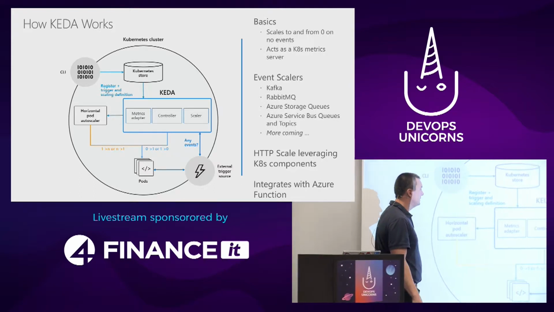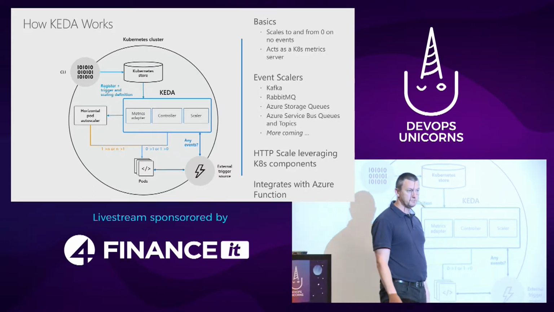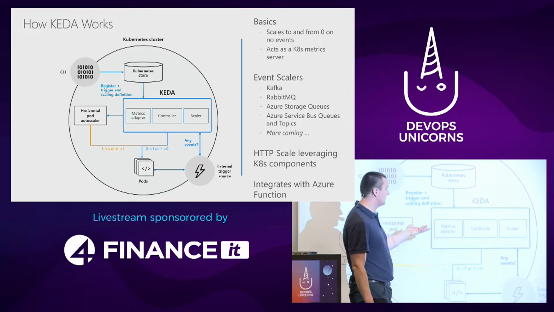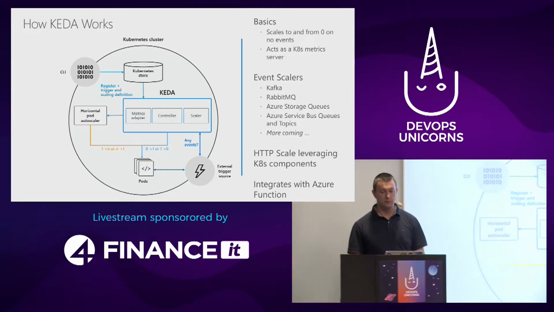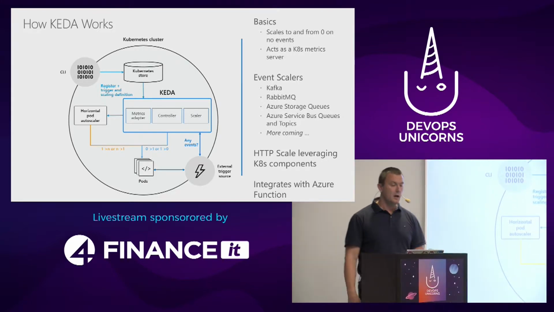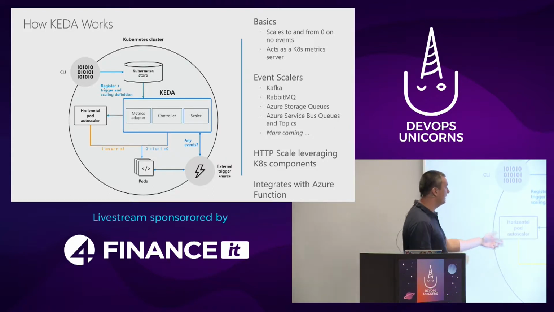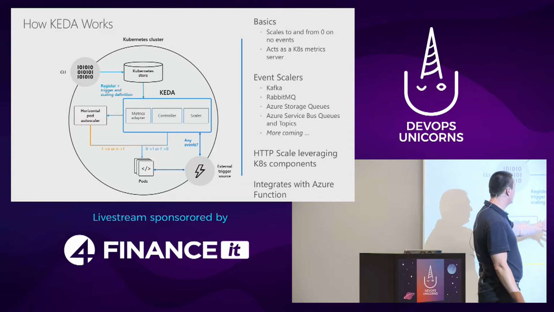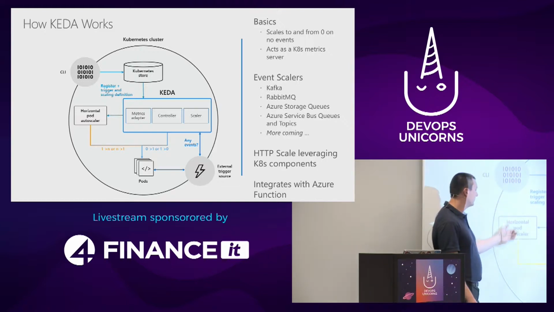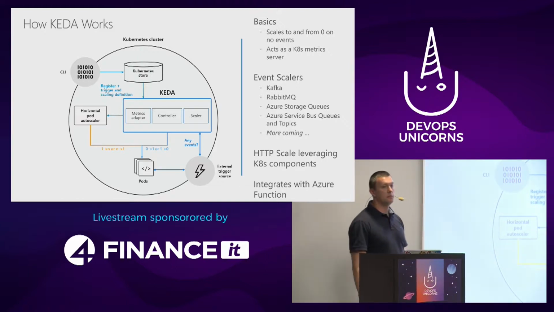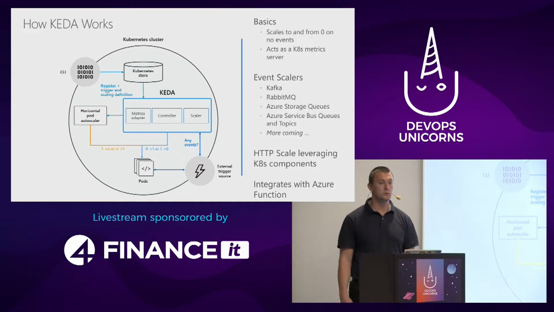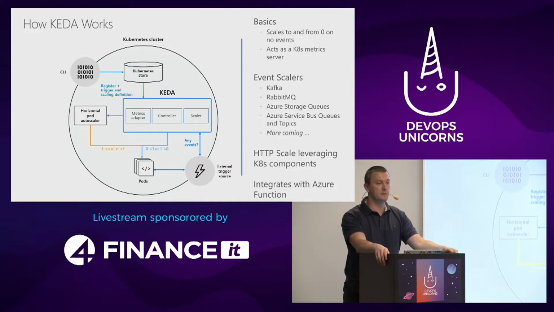Behind the scenes it works as a metrics server. It has a special object called a scaled object, which reacts based on the events coming in, and then gives information to the horizontal pod autoscaler to scale from 0 to a specific number.